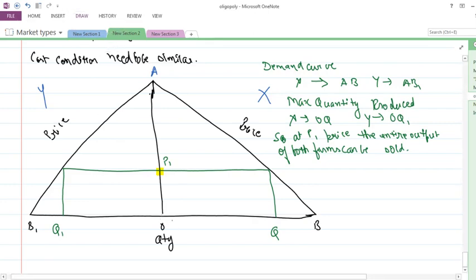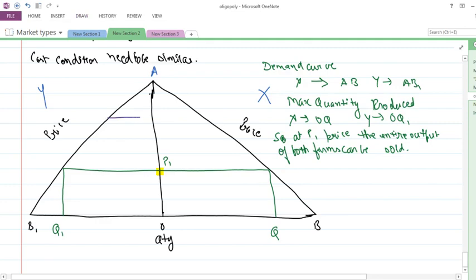Now if a firm wants to maximize its profits, if it is assumed that a firm wants to earn maximum profits, then it will raise the price to, let's say, P here. It can raise its price to this particular level. I'll be using purple for it.